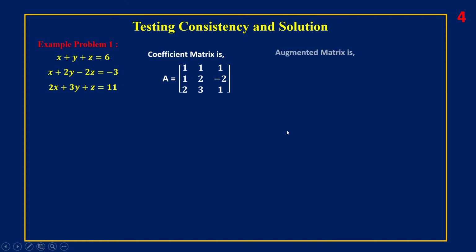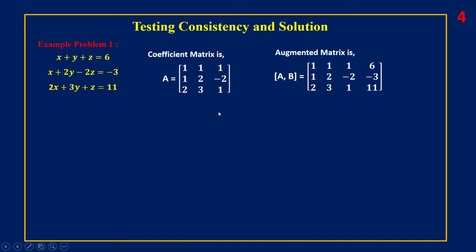This is a 3 cross 3 coefficient matrix. The augmented matrix is the combined matrix of the coefficient matrix and the last column vector, which will be 6, minus 3, 11, the right hand side constant terms. Now we can use the elementary transformation method to find the rank.